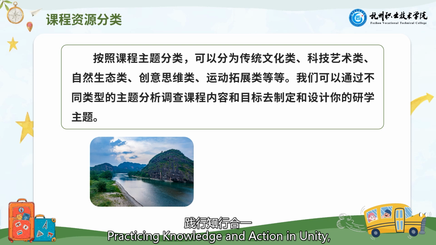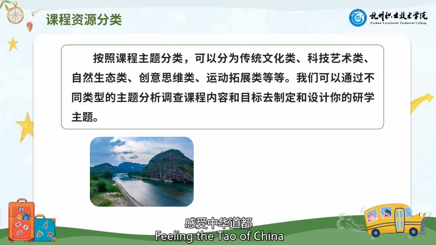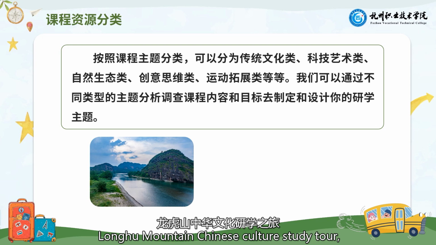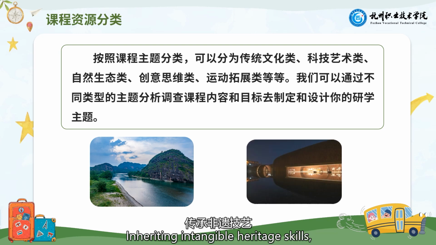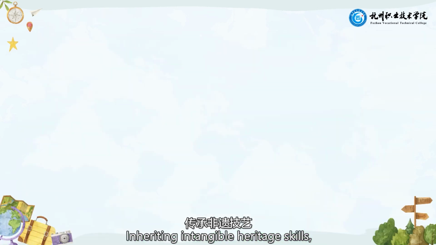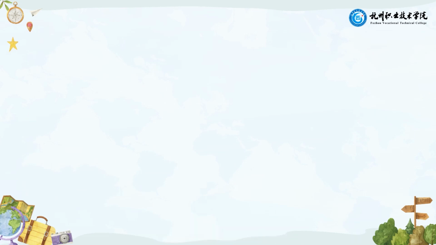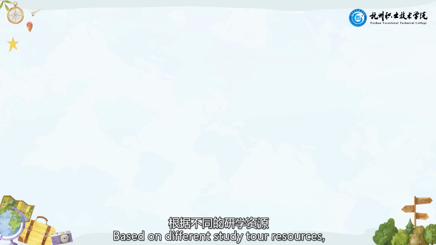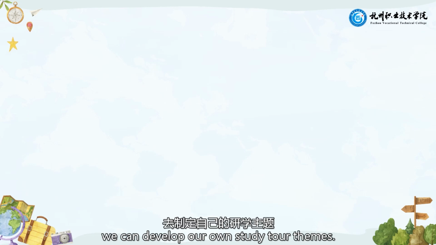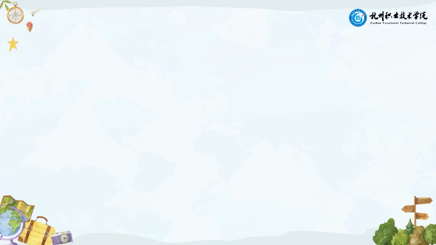For example, practicing knowledge and action in unity, feeling the Tao of China, Longhu Mountain Chinese Culture Study Tool, inheriting intangible heritage skills, exploring aerospace technology, study tool in Jingdezhen, etc. Based on different study tool resources, we can develop our own study tool themes.